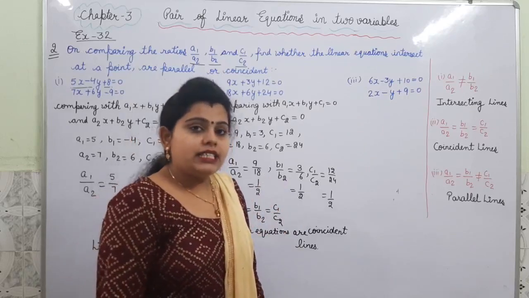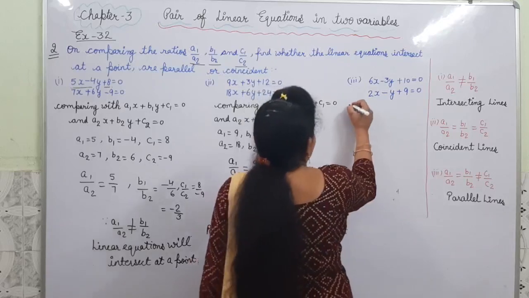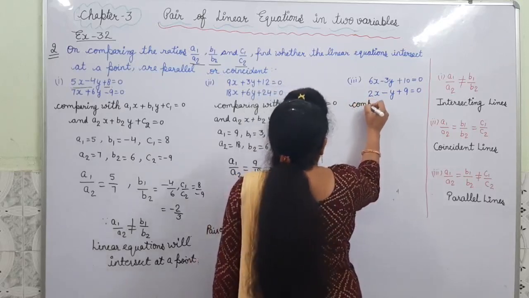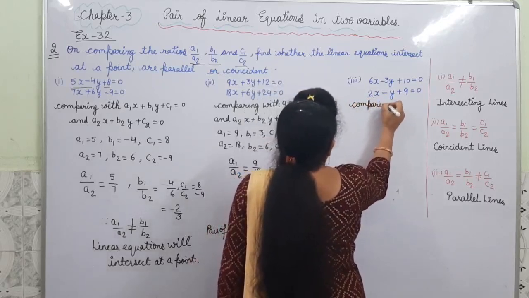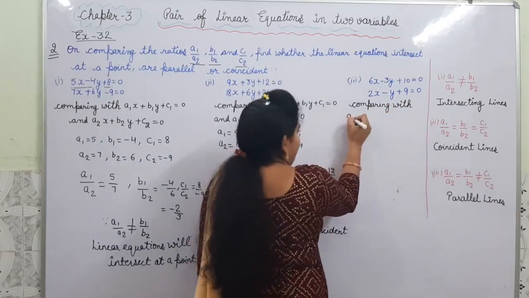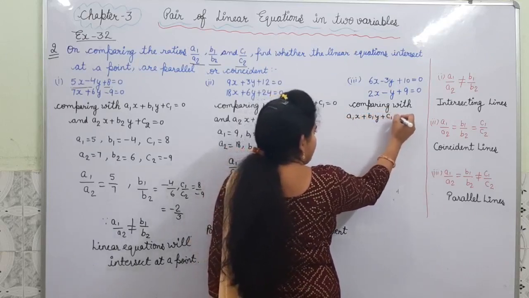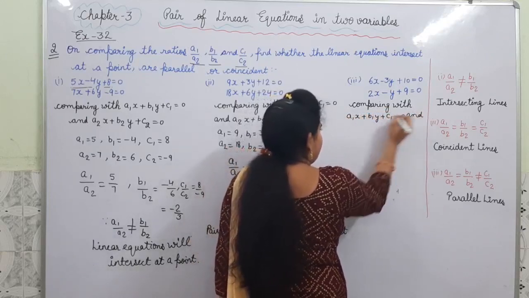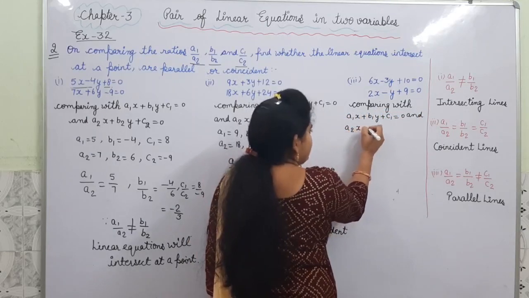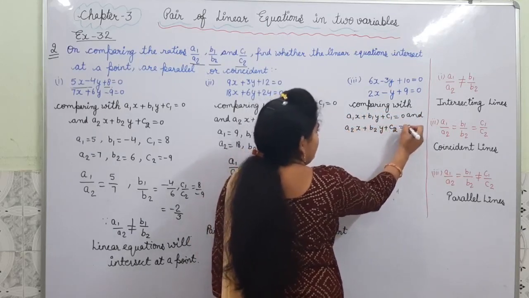Now it's the third part. Similarly, we will do in this part, comparing with a1x plus b1y plus c1 is equal to 0 and a2x plus b2y plus c2 is equal to 0.